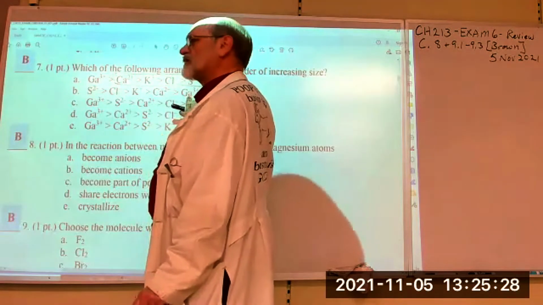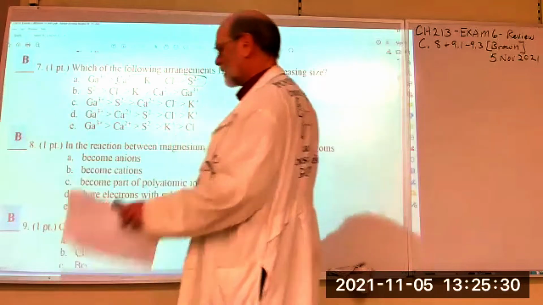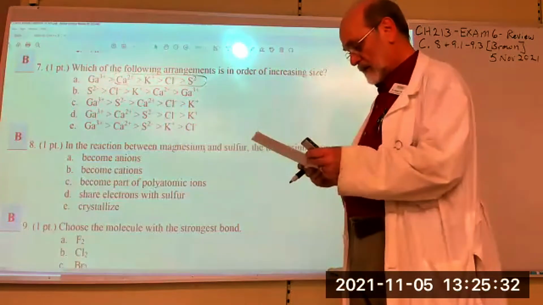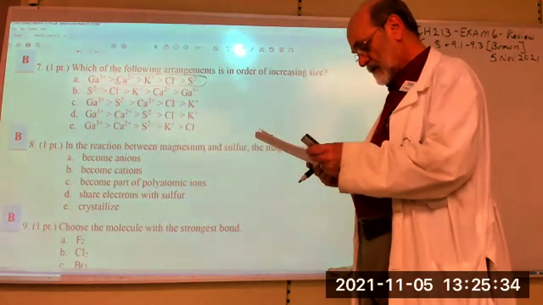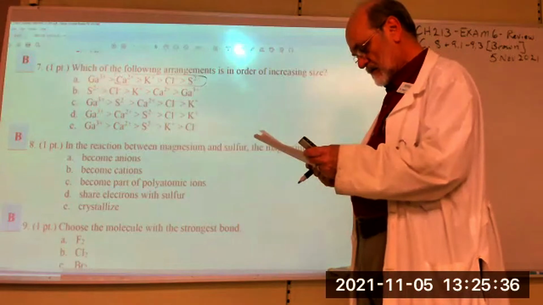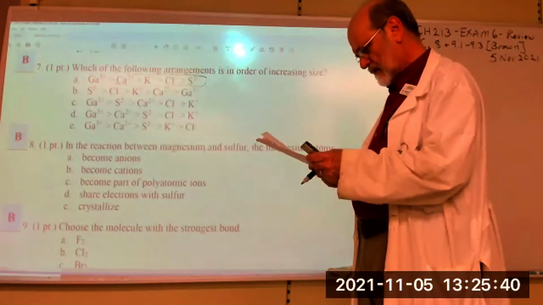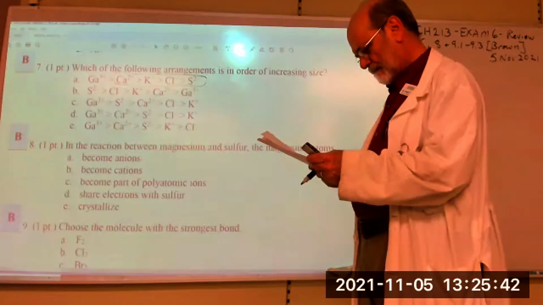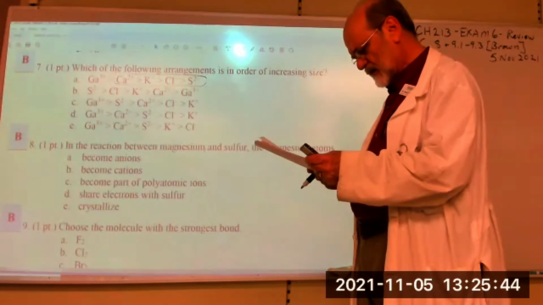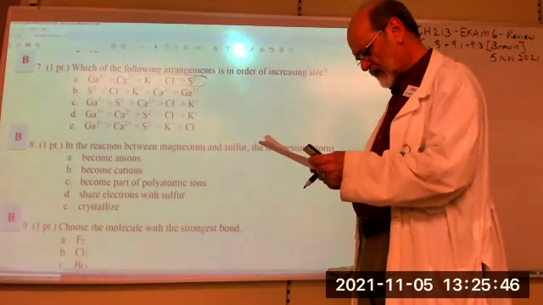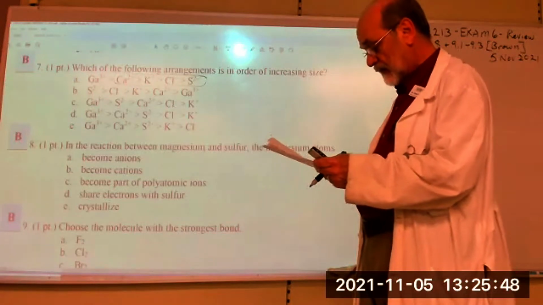But this one has, okay, that's not a good question. Why is gallium? Because it's got all those d electrons. Where did we put them? Well, it does have more protons.